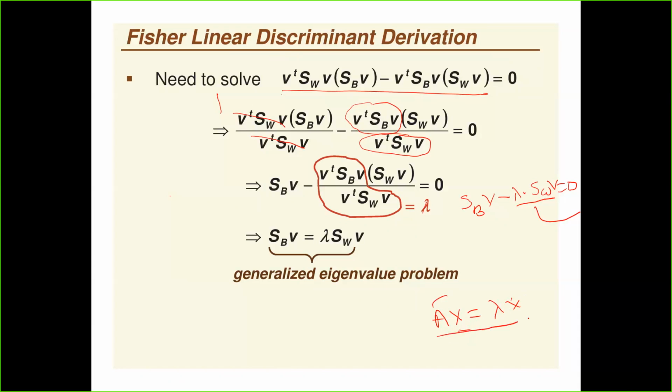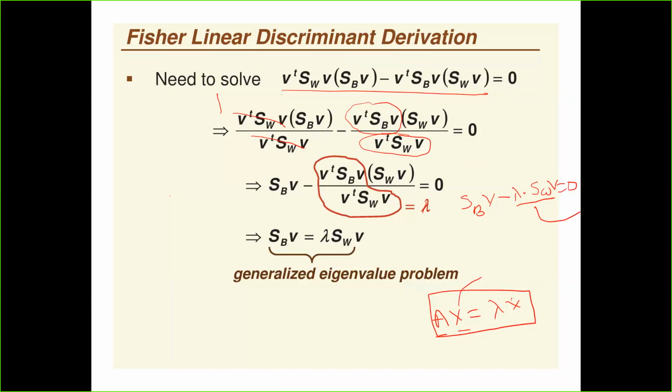If AX equals lambda X, we call X the eigenvector of A and lambda the eigenvalue of A. Yes, sir. A is the eigenvector? No, X is the eigenvector of A. First you told A as vector, sir. No, I corrected it. What I said first was wrong. So if AX equals lambda X, then X is the eigenvector of A and lambda is the eigenvalue of A.